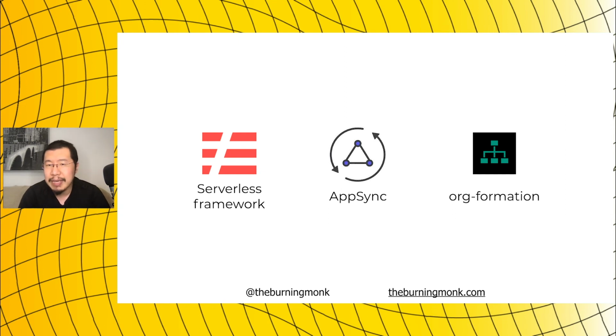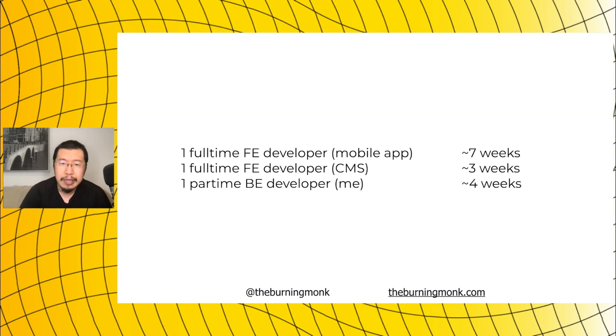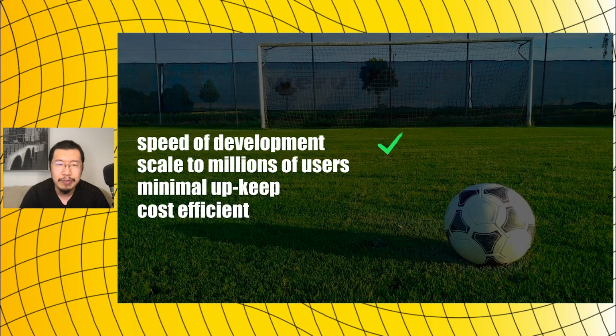And that's the three main tools I've used in this project: the Serverless Framework for deployment automation, AppSync for the managed GraphQL server, and org formation for automation around the AWS organization. And if you go back to the goals that I had started with, in terms of speed, well, we got everything done in just a few weeks, which is pretty good going, considering the amount of work that was involved, and I was working part-time as well on all of this.